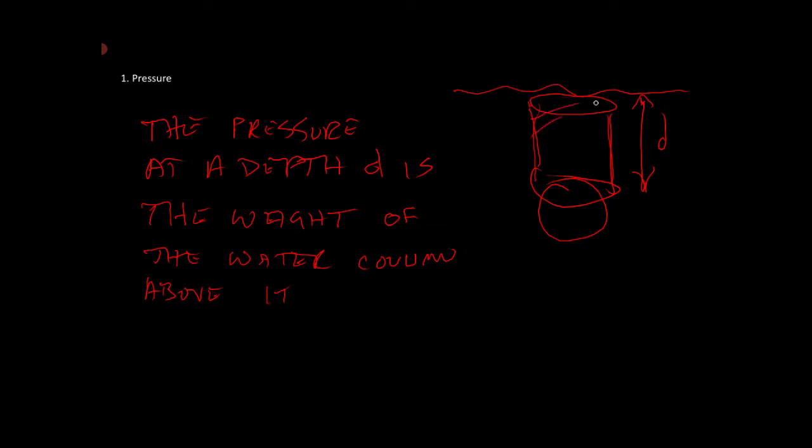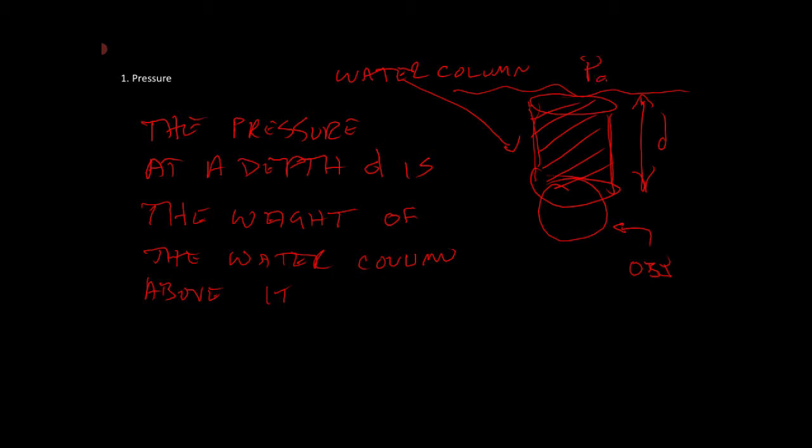That is the weight of this cylinder, right? This is our object. This is our water column. And there's one more thing we have to add here, which is plus the atmospheric pressure. So we've got some atmospheric pressure, which is 101 kilopascals or something like that.